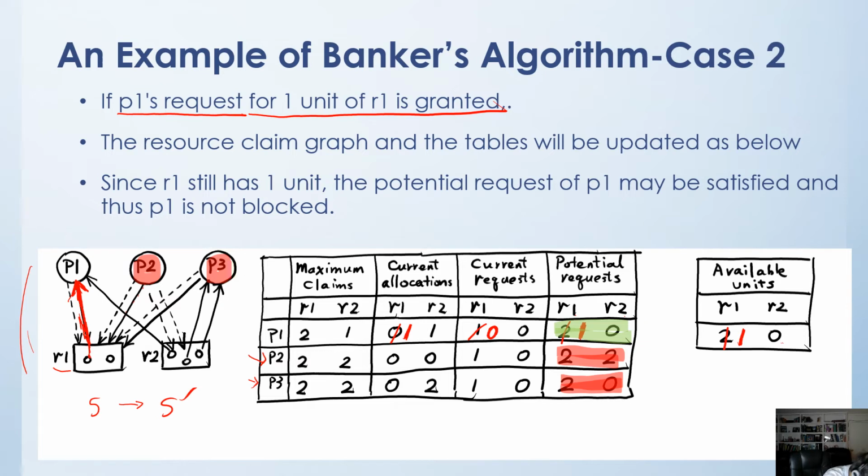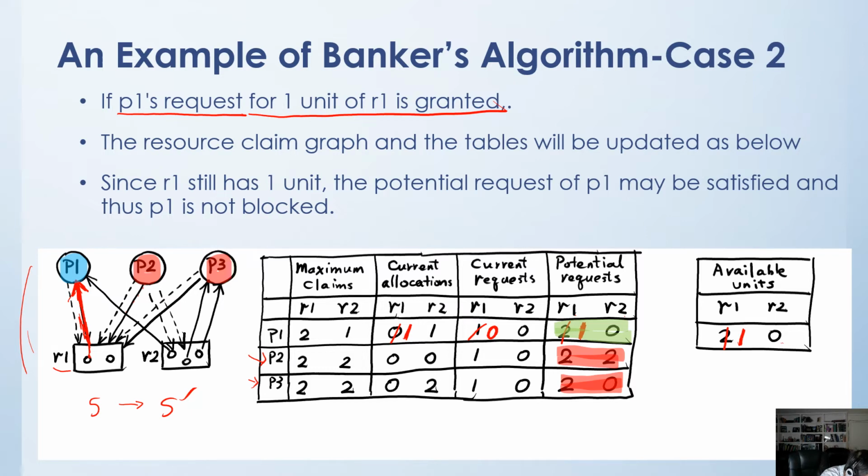But the P1 will be granted. Okay, so P1 should be okay. So this is not going to lead to the deadlock state. So the potential request for P1 may be satisfied, and thus P1 is not blocked.